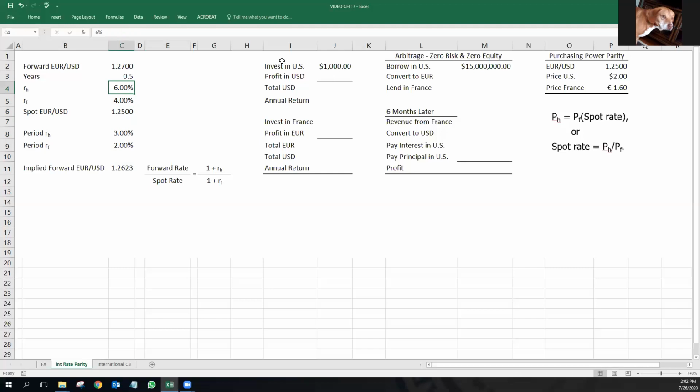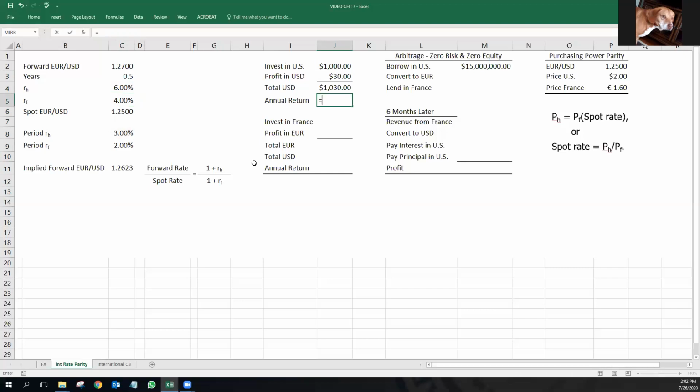So let's do a calculation to see if this difference can make us change our mind between investing at 6% or 4%. Let's see what happens in the United States. This one's easy. If you take $1,000 and invest it for 6 months in the United States, that's the 3%, you make $30 and end up with $1,030.